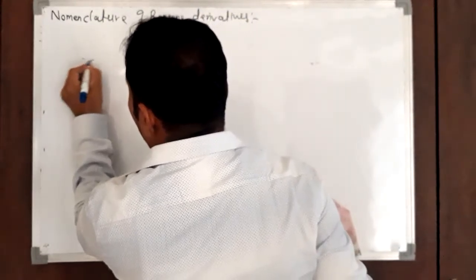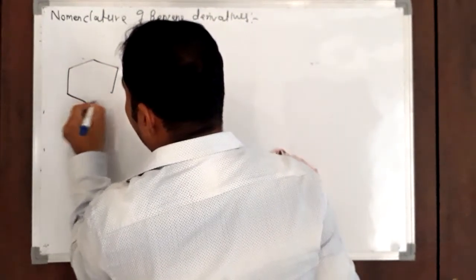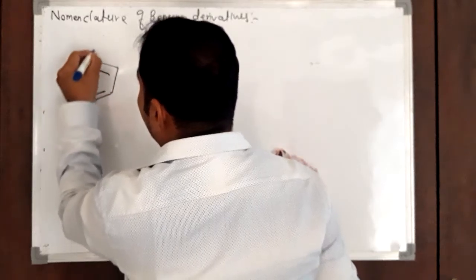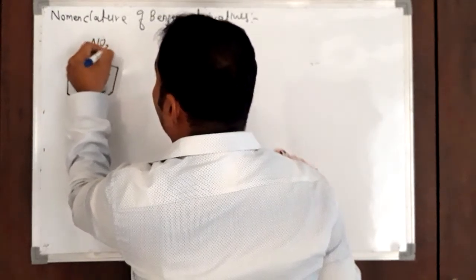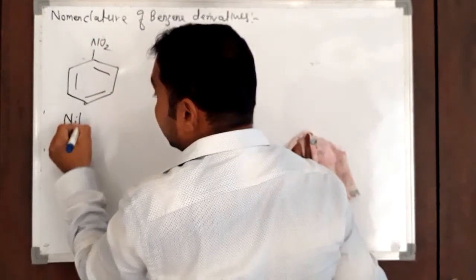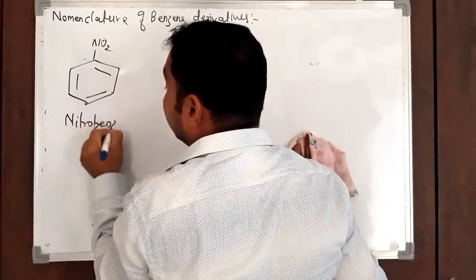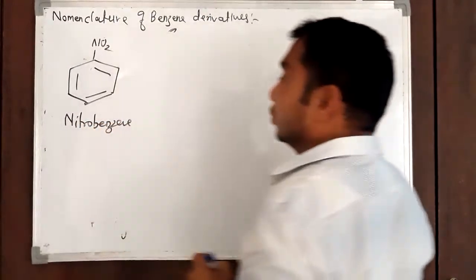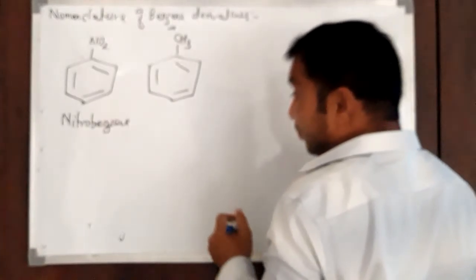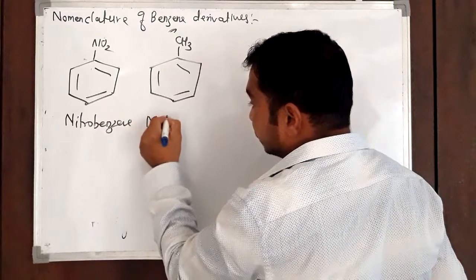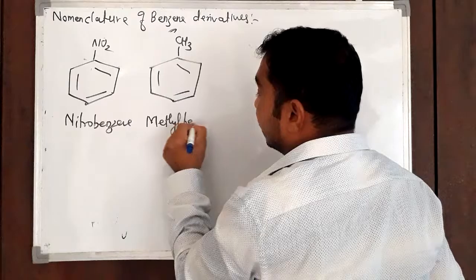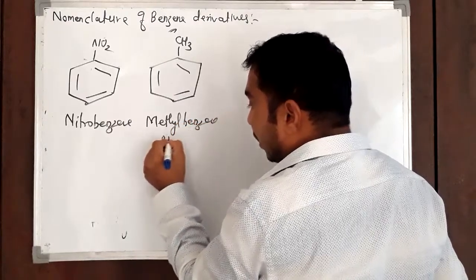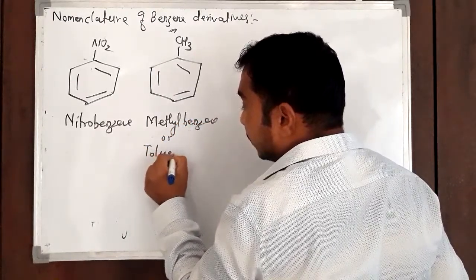I will write here. Take benzene and attach one NO2. This is called nitrobenzene. The nitro group is attached to the benzene ring. So nitrobenzene. Methylbenzene or toluene.